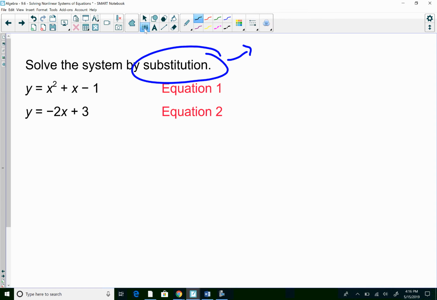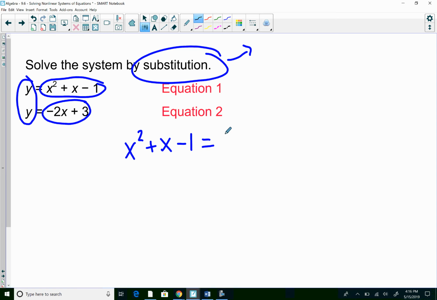We just want there to be one variable that is isolated. In this instance, we actually have both variables isolated, which is awesome. So how we're going to solve these is, since you have y equals y, we're just going to take these two pieces and set them equal to each other. We're going to take x squared plus x minus 1 and set that equal to negative 2x plus 3.